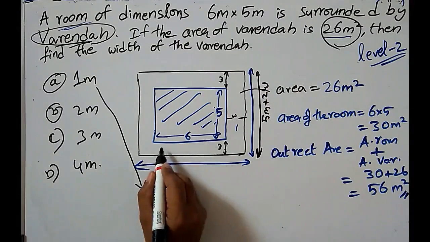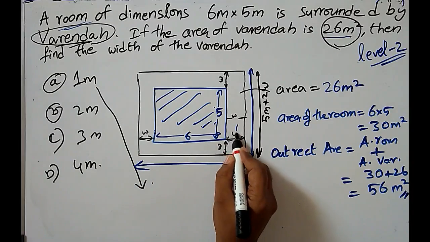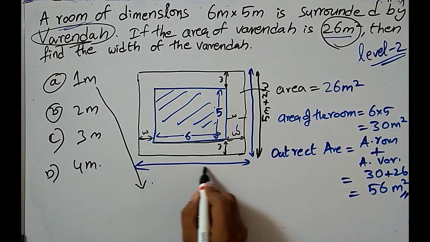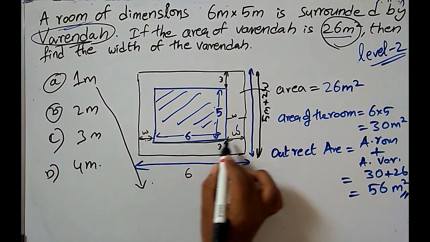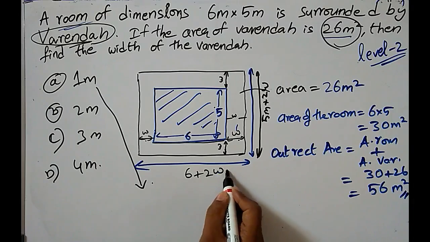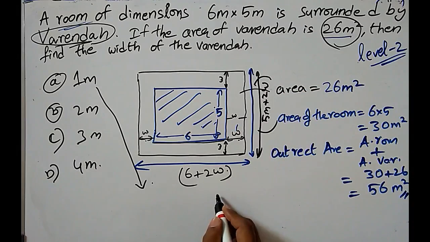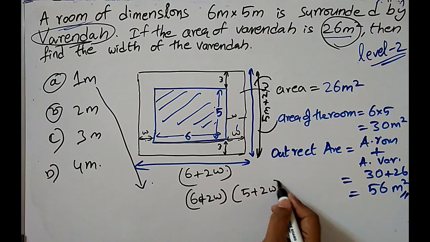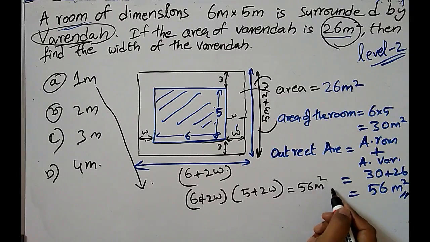In the same way, by adding the width on one side and on the other side of this base, that is 6 meters, we get the length of this rectangle, that is 6 plus 2 times the width. By multiplying these two sides, we will get the area. 6 plus 2w into 5 plus 2w is equal to 56 meters square.